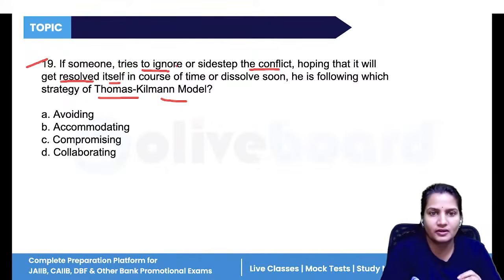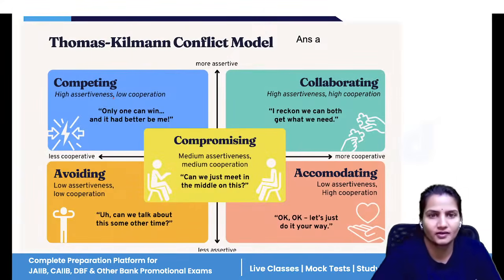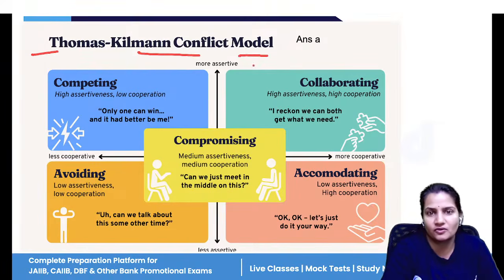If you are ignoring the conflict, it means you are avoiding the conflict with the hope that the conflict will resolve itself or dissolve soon. That is avoiding. So we have a total of five components under the Thomas Kilmann conflict model.